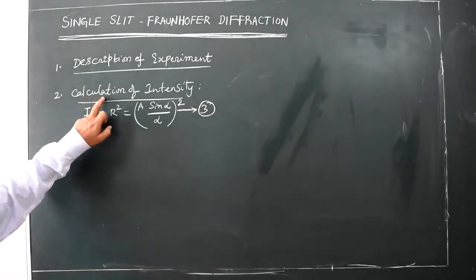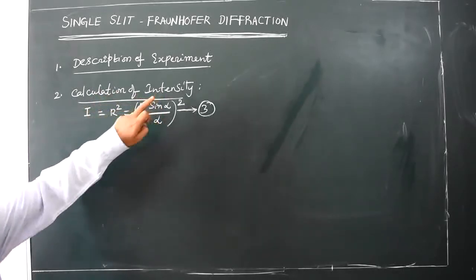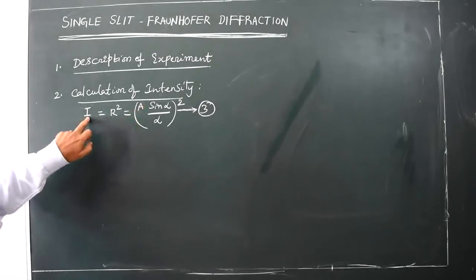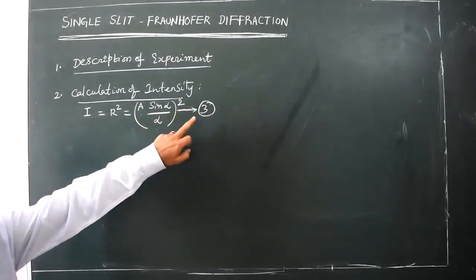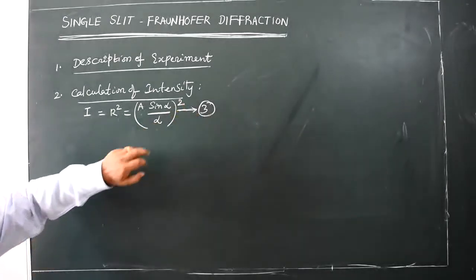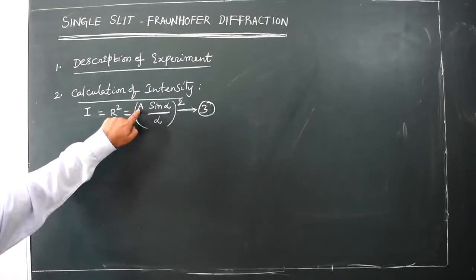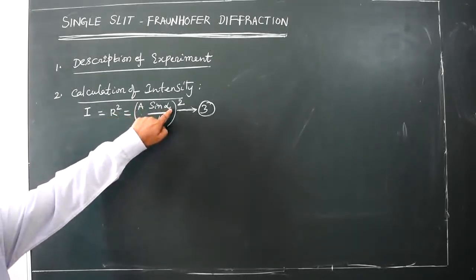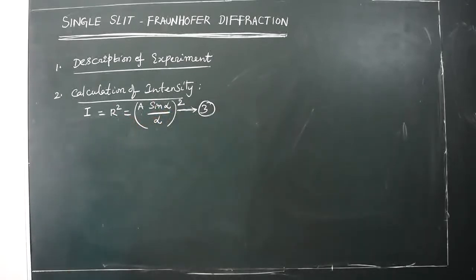Now we continue with the intensity. The intensity due to single slit diffraction was calculated previously: I is equal to R square, which is equal to (a sin alpha by alpha) whole square, called equation 3. Now observing equation 3, a is the net amplitude, which remains constant, so a is a constant. But alpha is pi e sin theta by lambda, so sin alpha by alpha is a function.